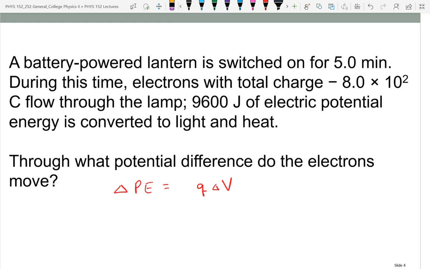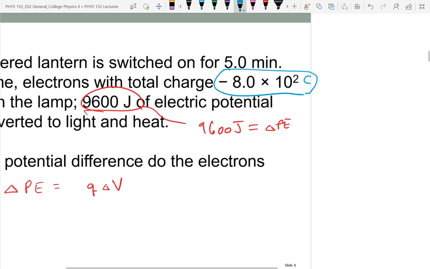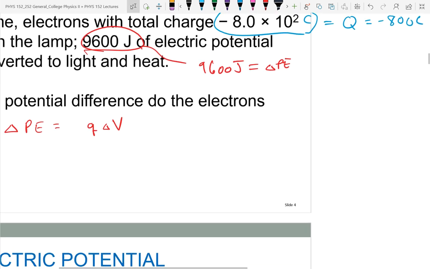So in this problem, I was given the change in potential energy, that is 9,600 joules. I was given the charge, minus 800 coulombs. So if I want to find the change in voltage, what is it?